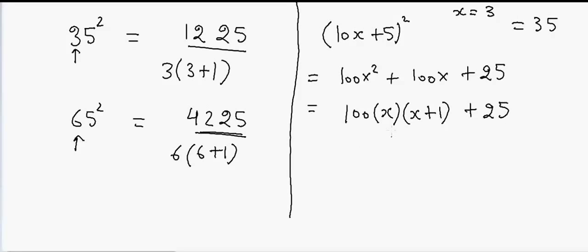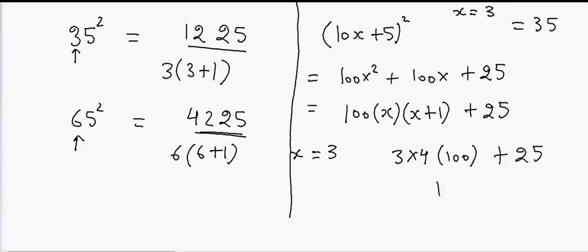we are taking the first digit and adding 1 to it, multiplying them, multiplying by 100, and then adding a 25. So here if x is equal to 3, we'll get 3 into 4 into 100 plus 25.